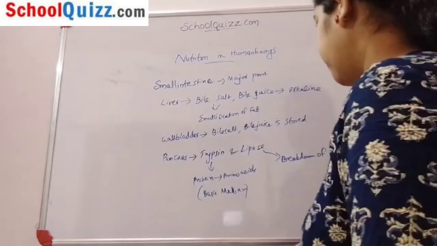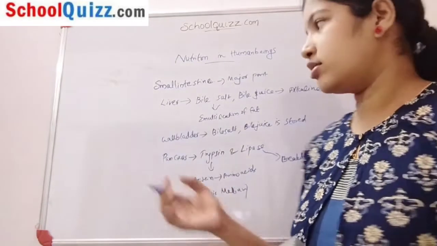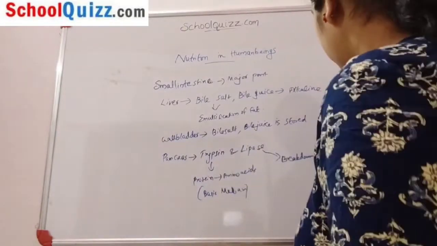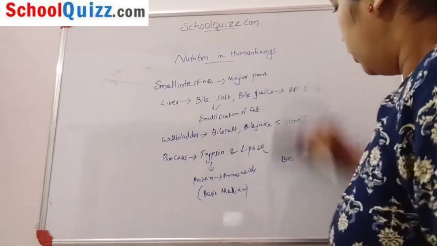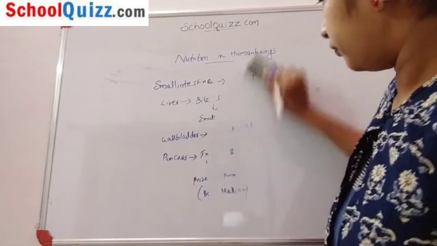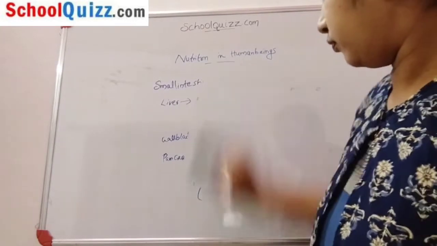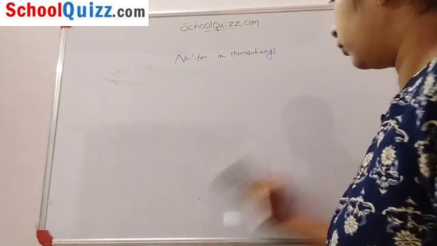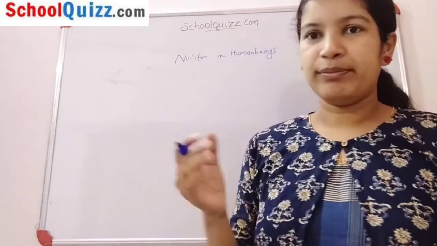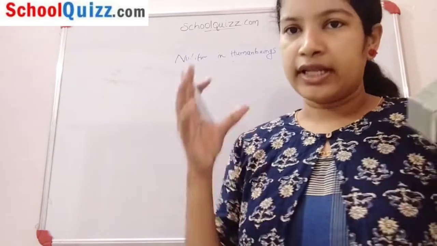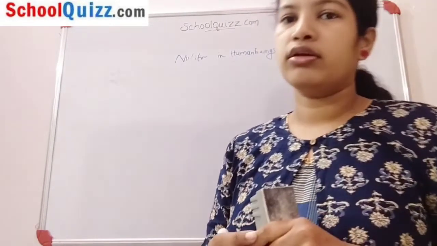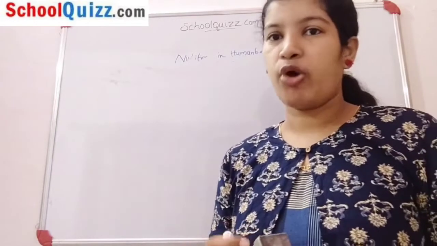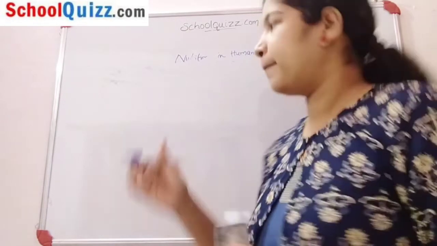Then we can look further into the small intestine. When all this digestion is completed and the end product is obtained, we have finger-like projections in the small intestine called villi.